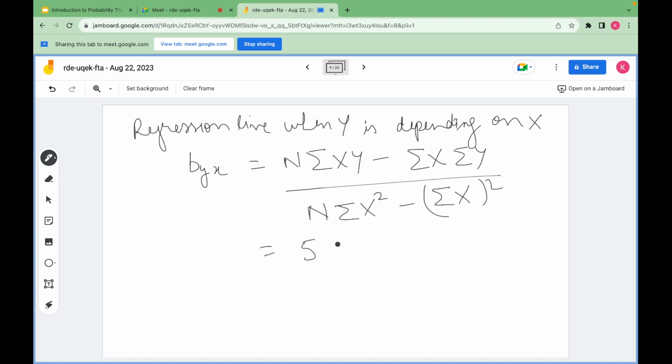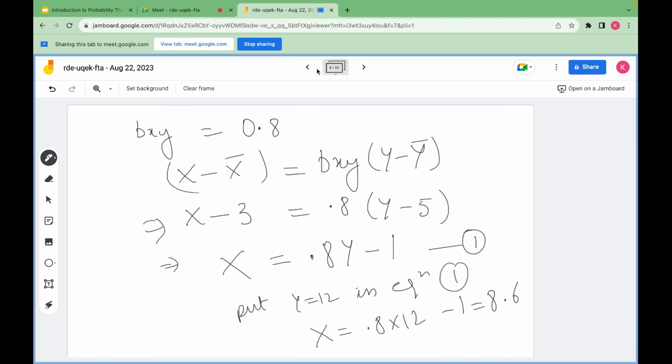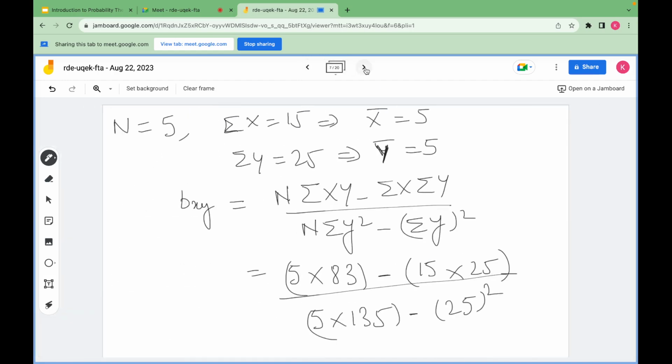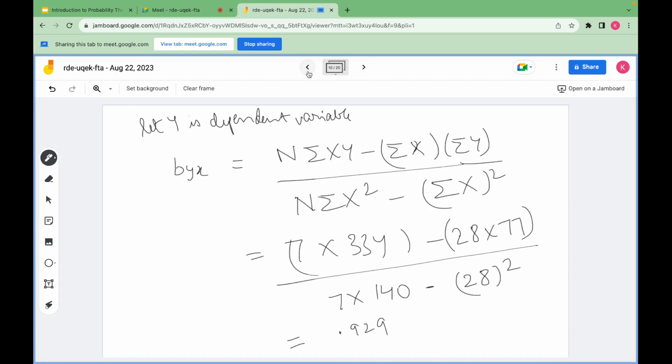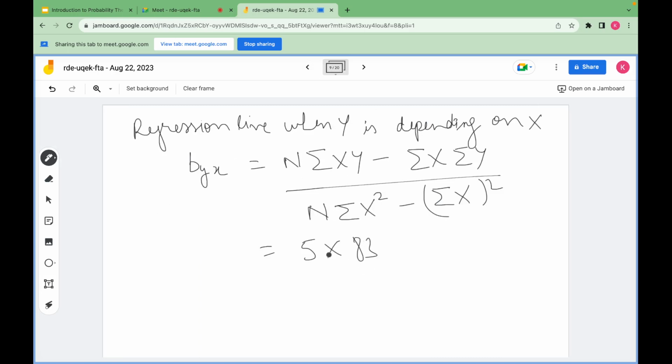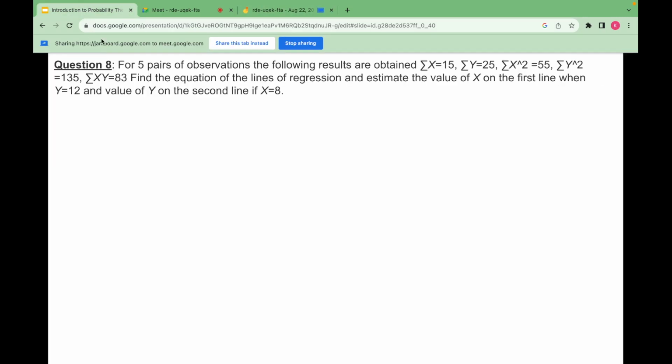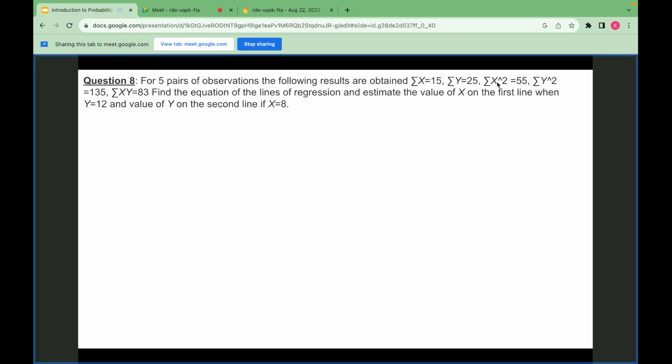Again we know all these values. Sigma x square is 55.